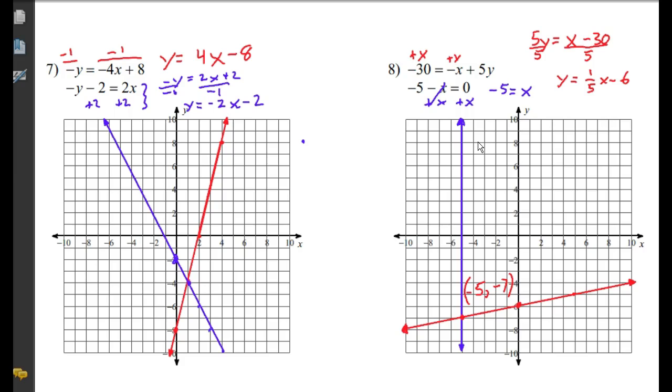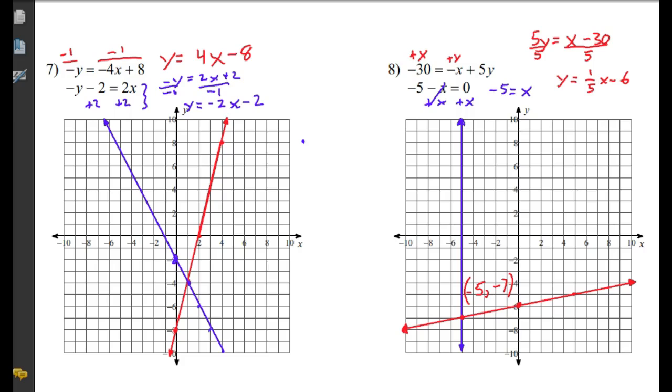So small but important details. Nothing that's new, but maybe it's been a while. We have to know every little detail. If we mess up on one little negative, the lines don't intersect at the correct place, and we can have a wrong graph.